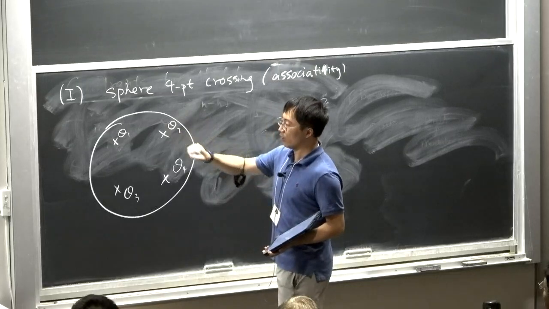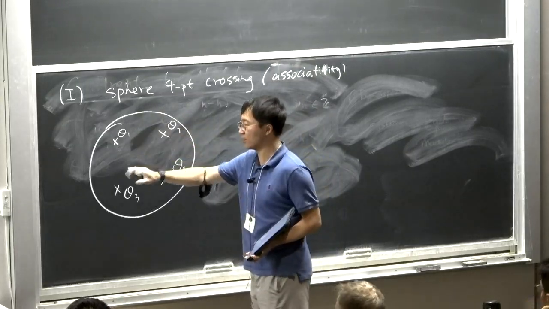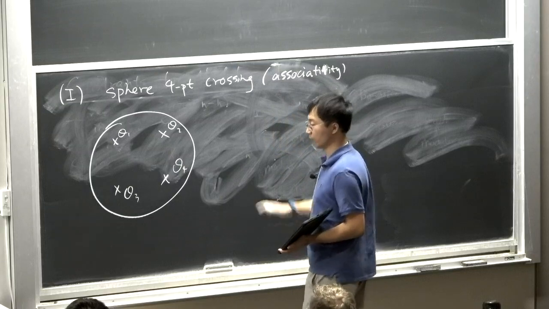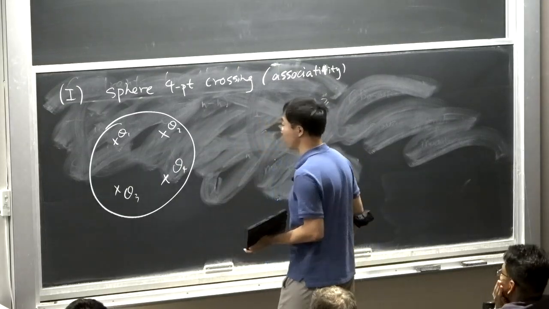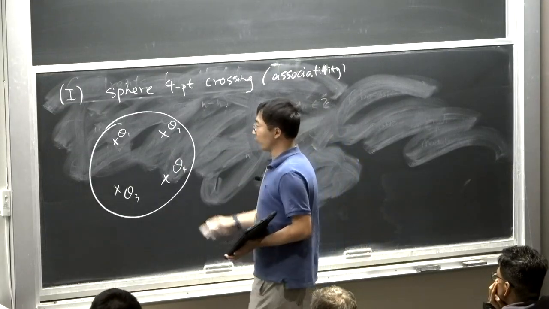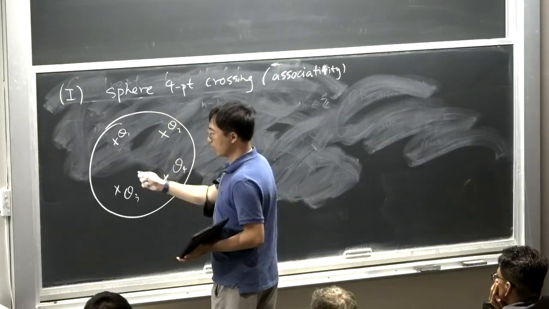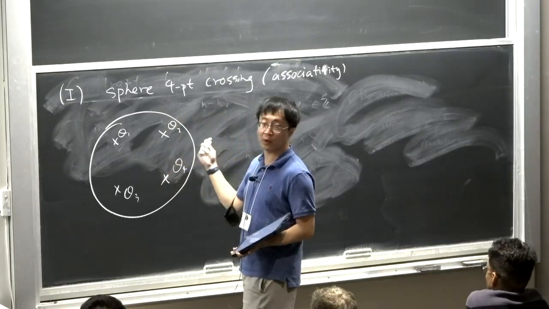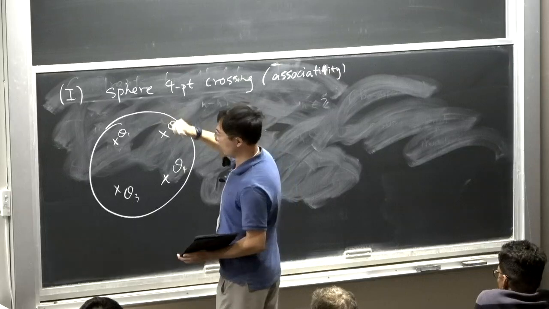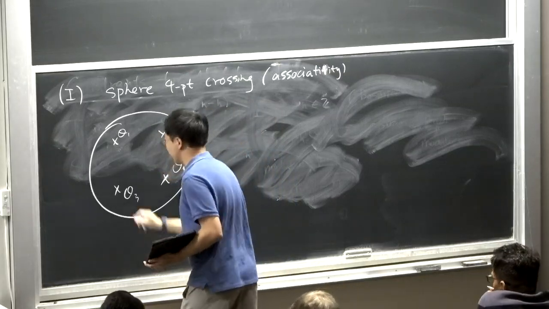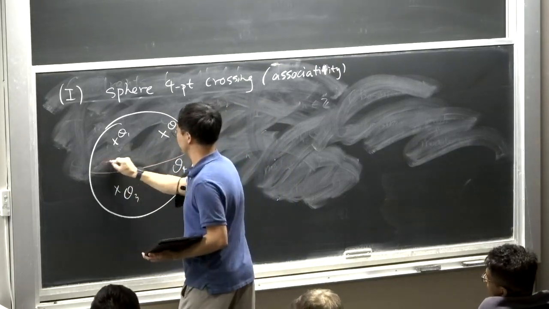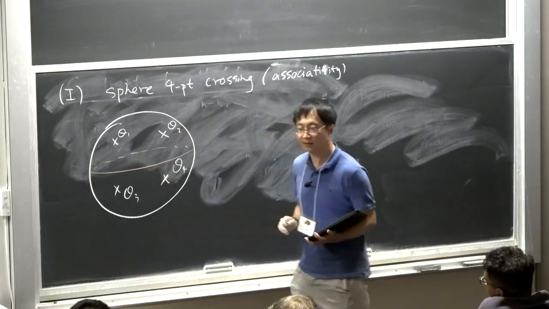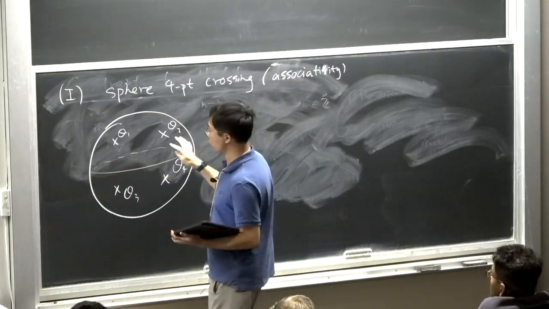Now, a general way to calculate this correlation function, which can be thought of as a 4-point function on the plane, is that we can choose a circle to quantize the theory and expand. So I can quantize the theory on this circle, and that allows me to do the OPE.